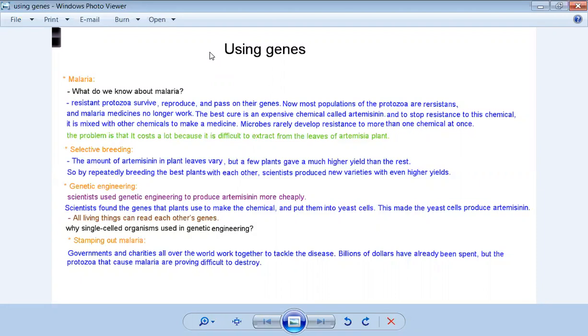Do you remember the symptoms? Fever. Okay, fever. When someone has a high fever, what do they feel? They can't walk. They feel lazy, sick.